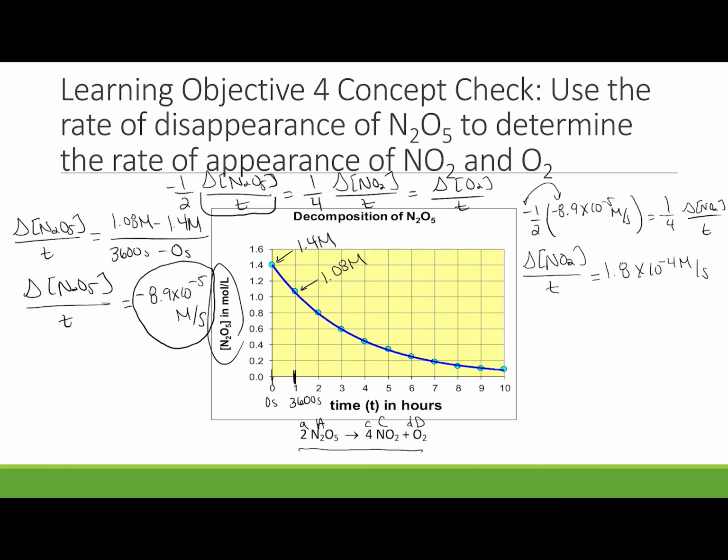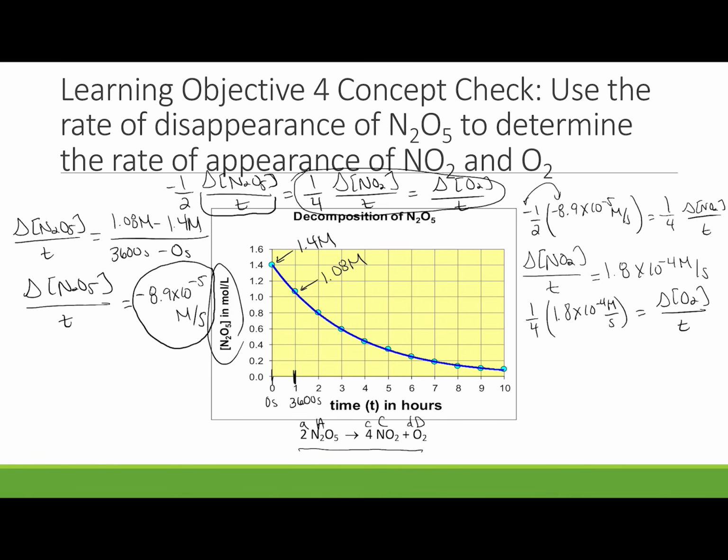Okay, we can also relate NO2 concentration change and O2 concentration change. So we could do 1/4 times 1.8 times 10 to the negative 4 molarity over seconds is equal to delta O2 over time.